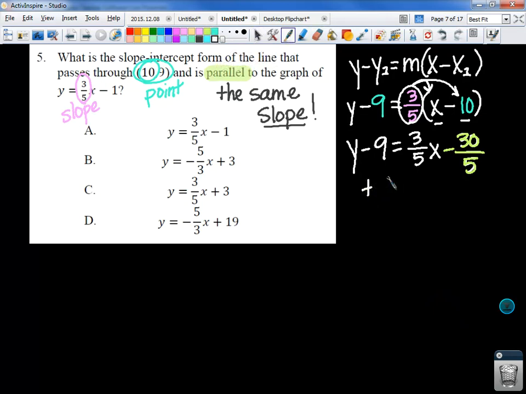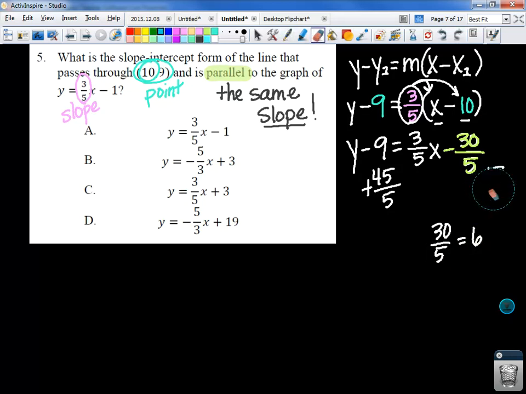So I'm going to add 9 to both sides of the equation. Now, I wrote 9 as a fraction with fifths as the denominator so that I would have an easier time adding fractions over here. But then I noticed 30/5. What's 30 divided by 5? 6.